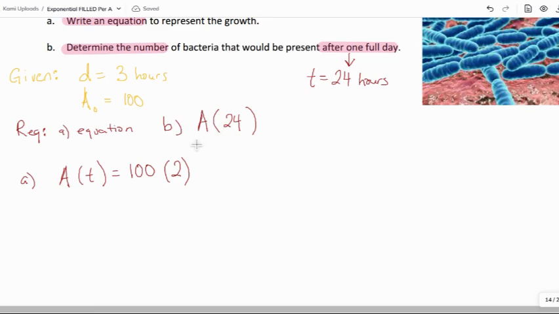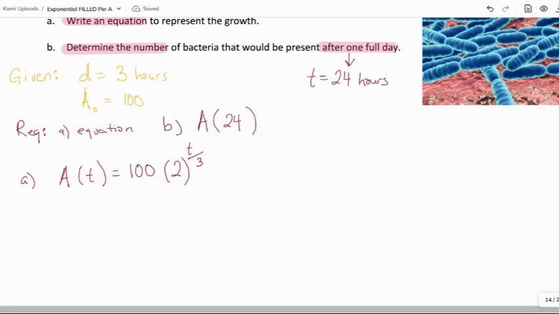And then I have T over D. So T is going to be the input. That's the variable that's going to change. This is how my model works. I can put different times in there. Oh, no, not 100. And the D, it doubles every 3 hours, right?